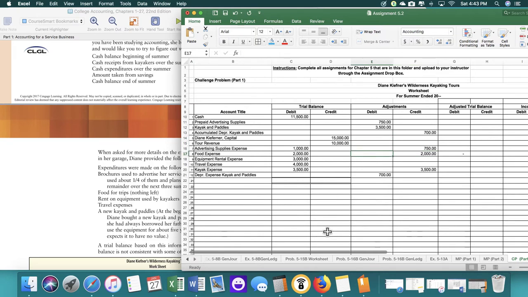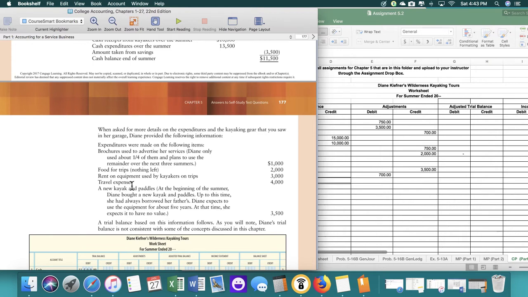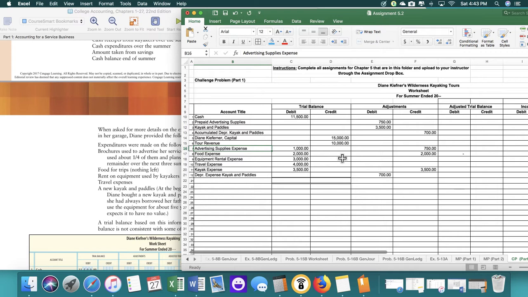And if we're doing food expense, we should have an account that it will be debited to. And I am not seeing one. Travel expenses, $4,000. So let's take that out for now.